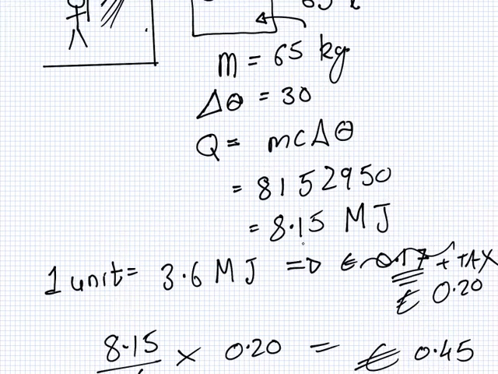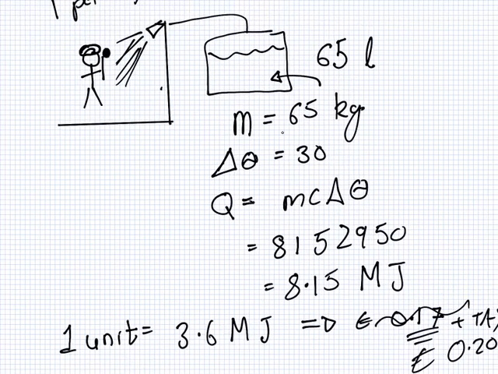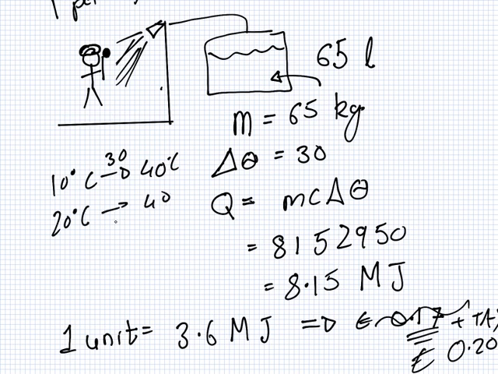So, think about this. If the water, instead of being 10 at the beginning, so we went from 10 Celsius to 40 Celsius, that was 30, yeah? Suppose instead the water was 20 at the beginning, and we go to 40. Then what's the difference here?